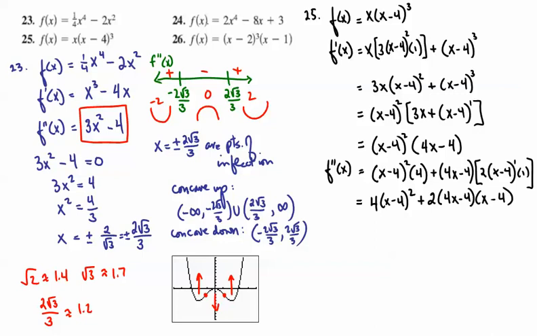Alright, we'll need to factor here. Bring out the (x minus 4) to the first power, and that leaves us with 4 times (x minus 4) plus 2 times (4x minus 4).